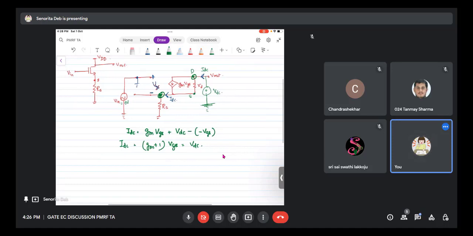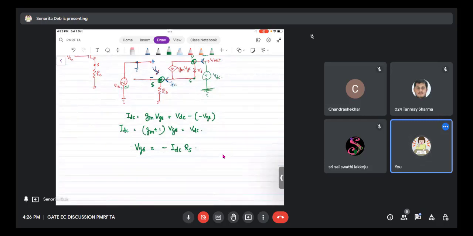Next will be one KCL at the source here, so VGS is nothing but minus IDC RS. Now if I put in the values.